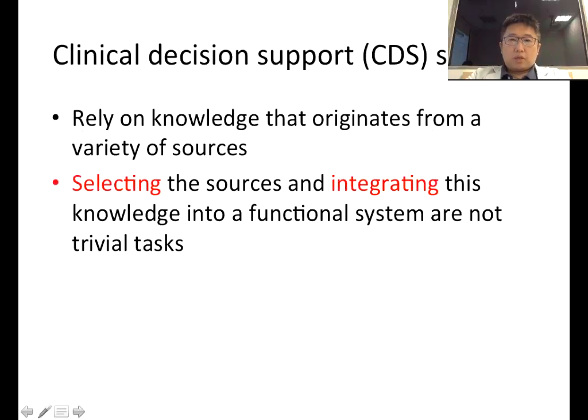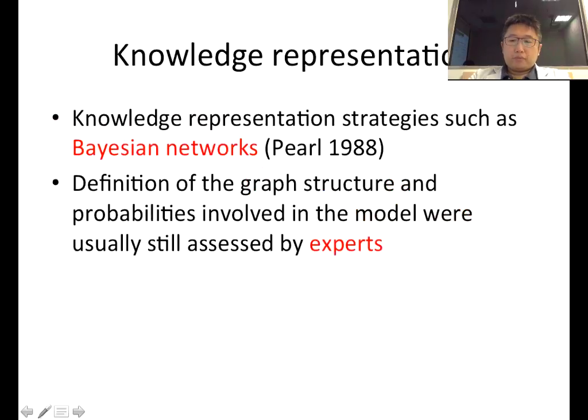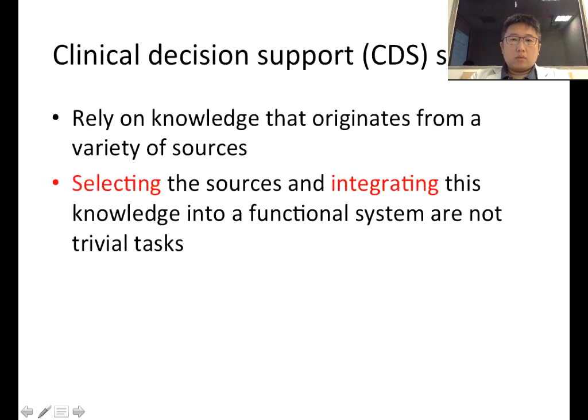So basically, for the clinical decision support system, one most important thing is we need to get the knowledge from a variety of sources, okay?